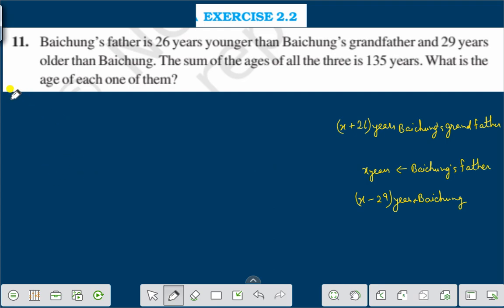Now let Baichung's father's age be X years.